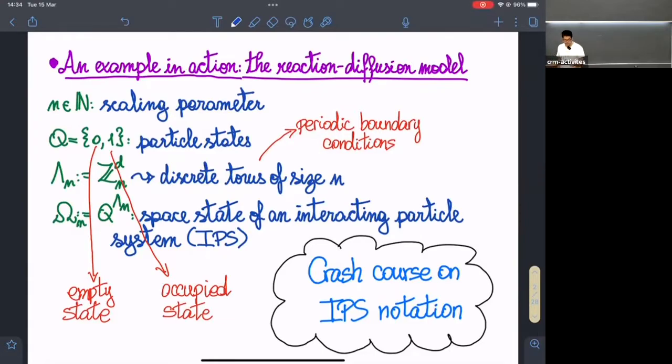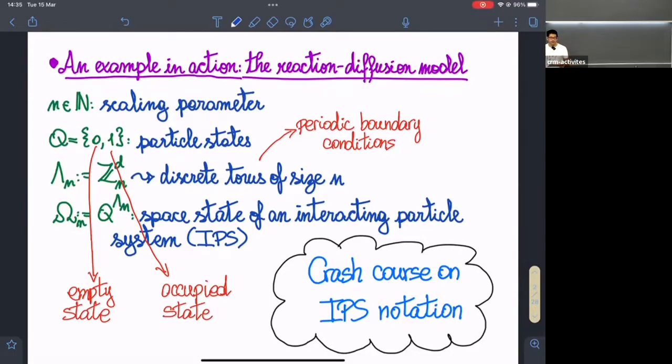So the state space of an interacting particle system now is this set omega n, which is Q to the power lambda n, where lambda n is the discrete torus and Q are the particle states. And you see that in this case this set is enormous. It has size 2 to the n to the d, right? So the main feature of interacting particle systems is that they're finite state Markov chains that live in a huge state space, right?